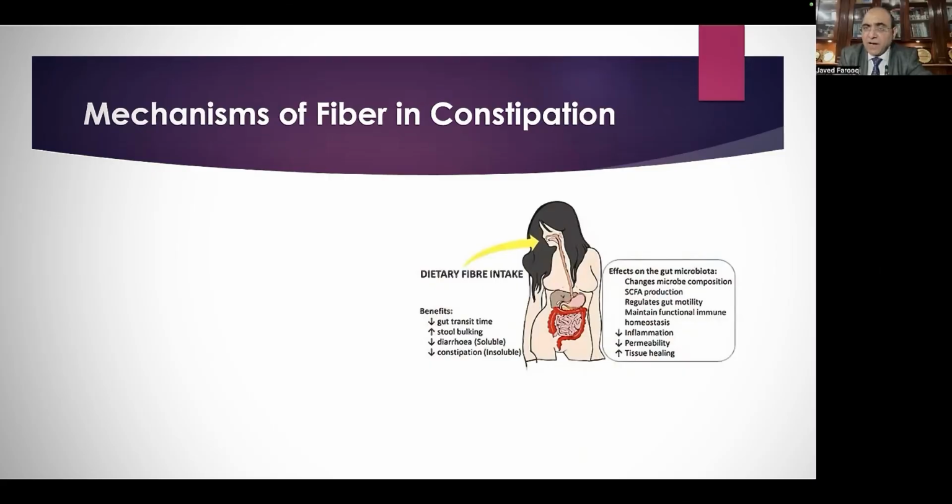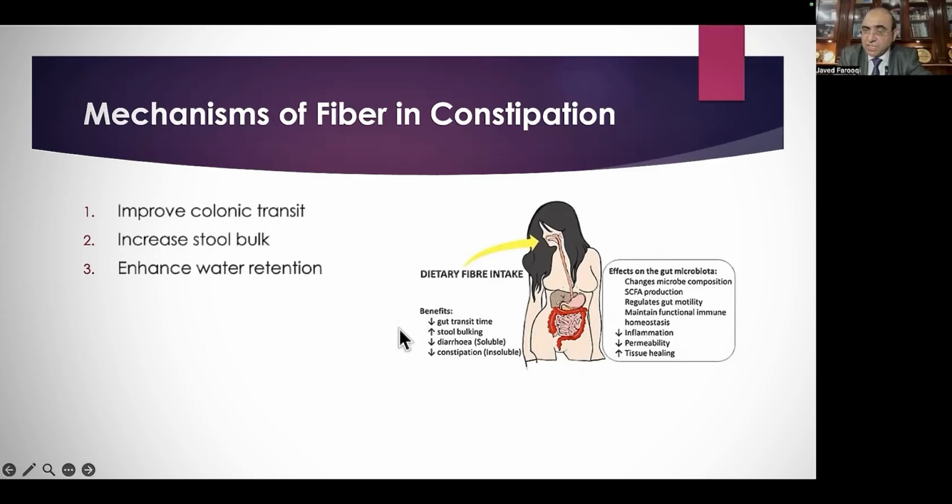The mechanism of fibers in constipation. How do they help? They improve colonic transit, and the time for stools to move from the proximal part of the colon to the distal part is shortened. Then they increase stool bulk. This is again very important. They enhance water retention and thus improve the transit of fecal matter across the colon.